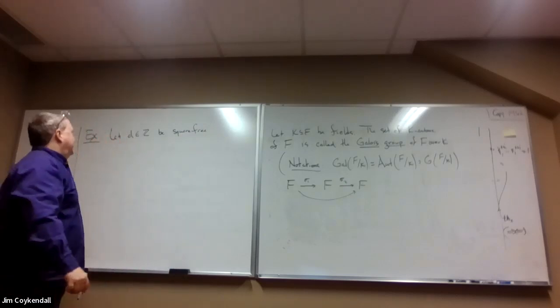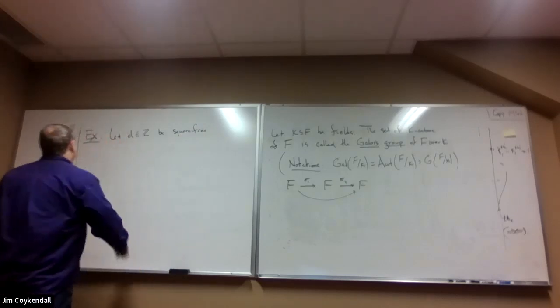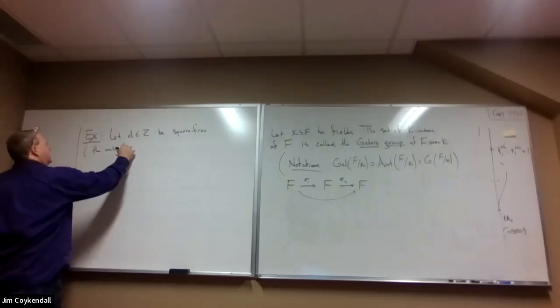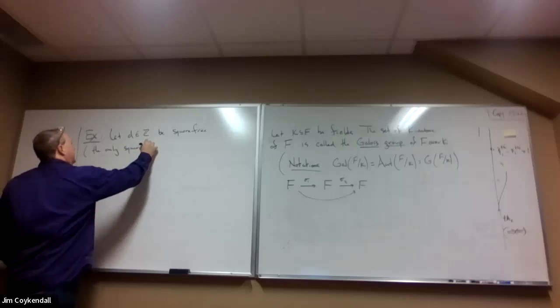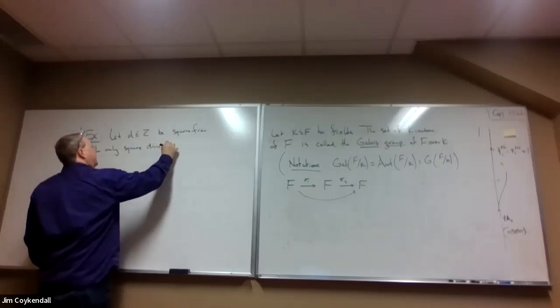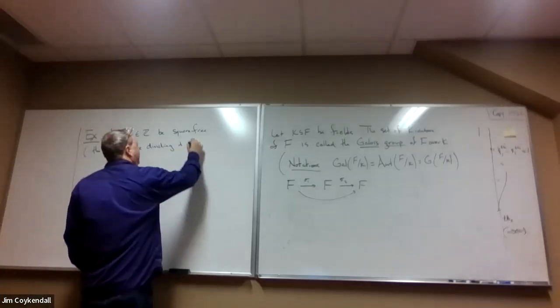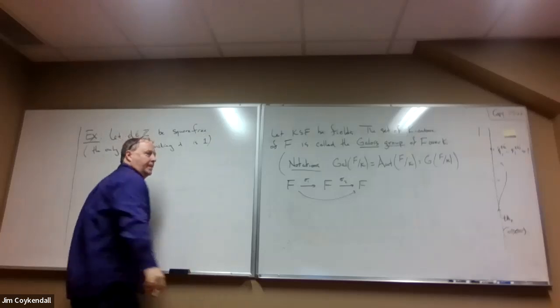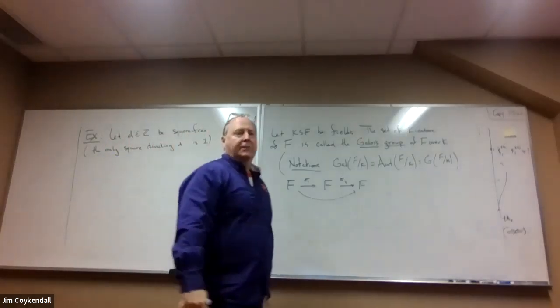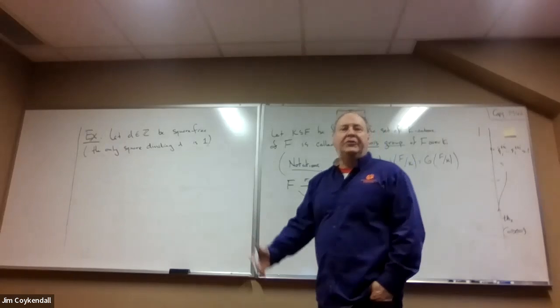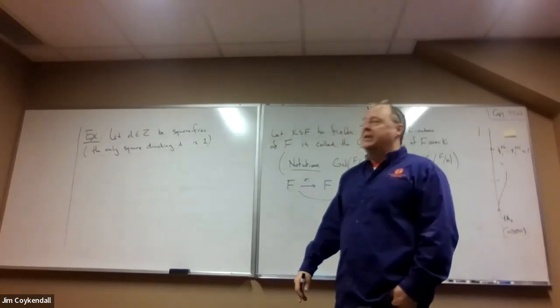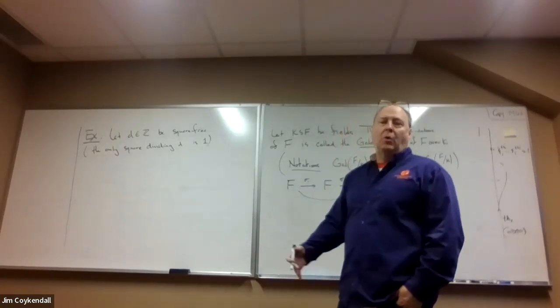D is a square-free integer, and what this means is the only square dividing D, I mean square in the integers, is 1. So -1 is a square-free integer, so is 6. But -4 and 12 are not square-free integers because, with the examples I gave, they're both divisible by the square of 4.